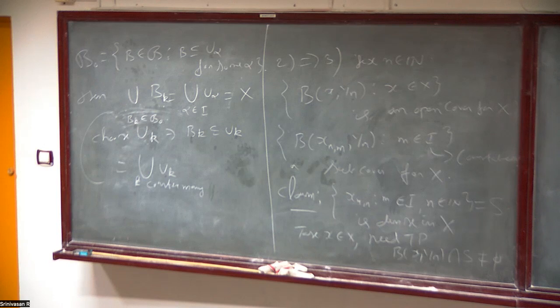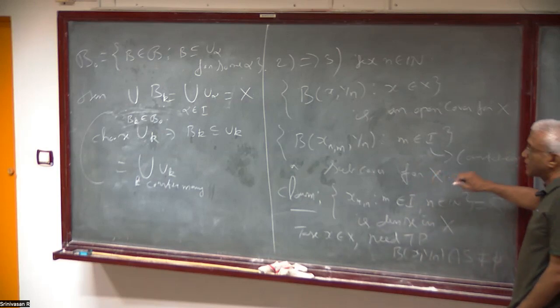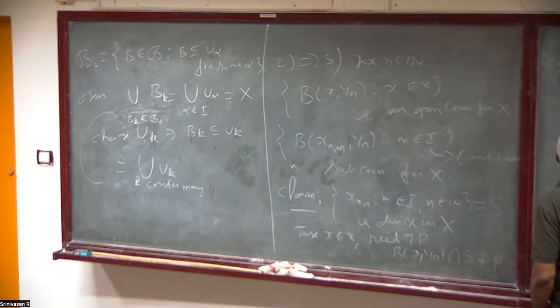How do we do that? What do we have? That's a countable subcover. So x is in B(X_{n,m}, 1/n) for some m and n, it follows immediately.